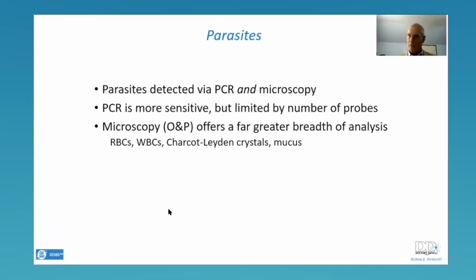Microscopy over in parasitology, therefore, offers a greater breadth of analysis for parasites. Also, if you're not looking under microscopes, you're not going to see those red blood cells, white blood cells, Charcot-Leyden crystals, and mucus. You're just not going to see those things if you're not looking.